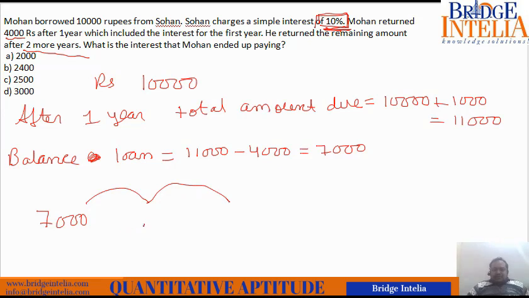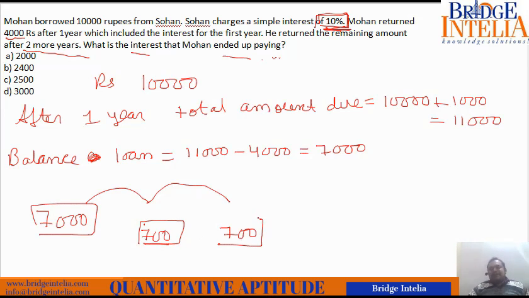So he would have further paid this much as interest, because we have to calculate the interest that Mohan ended up paying. So this is the total amount Mohan paid: 7,000 plus 700 interest for the first year, 700 as the interest for the second year, and 4,000 he has already paid.